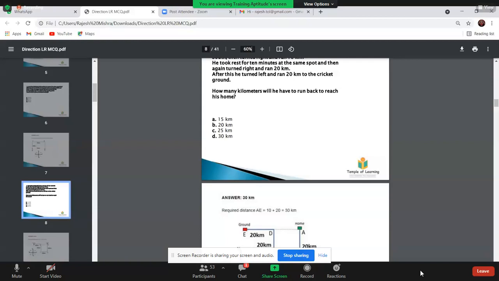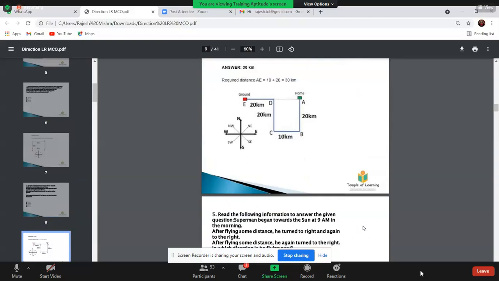Is this okay? Can you see D to A is 10? D to A has been given as 10. So the distance from ground to home is 30. Next.